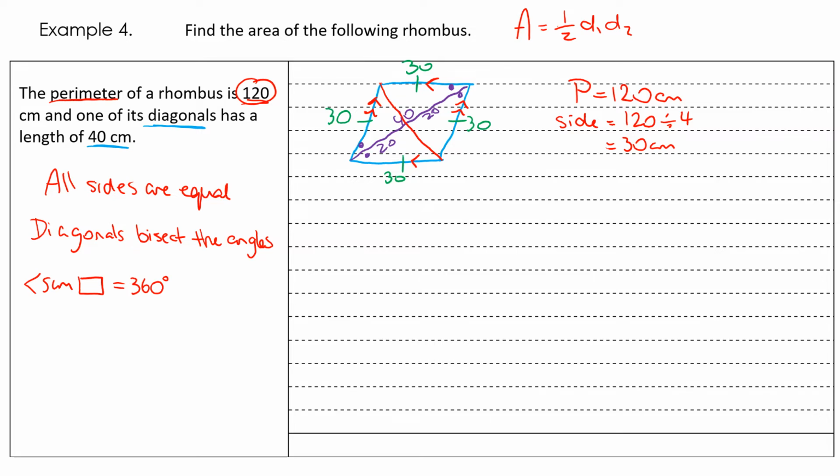And another fun fact we didn't write, diagonals bisect at right angles. So this here is a right angle. All those 4 angles are right angles.